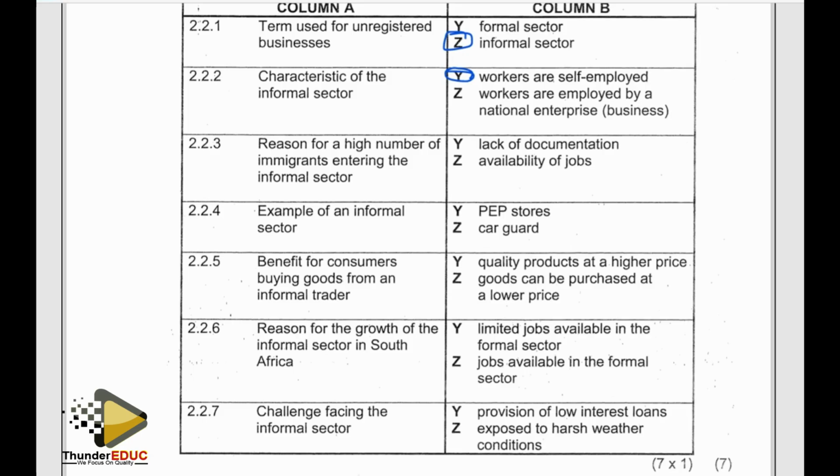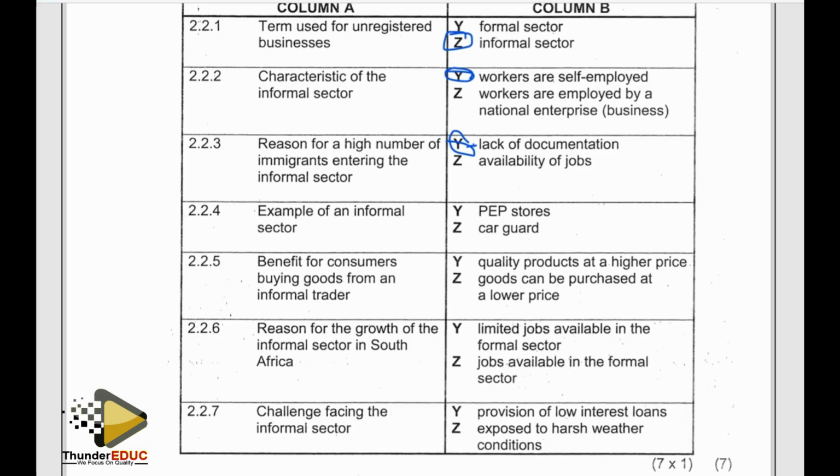Lack of documentation. Without proper documentation, you cannot join the formal sector because you need to be properly documented if you are an immigrant. Right, then number 224, example of an informal sector, we have Pep Stores and car guards. Right, definitely Pep Store is a registered business which is operating almost everywhere around South Africa.